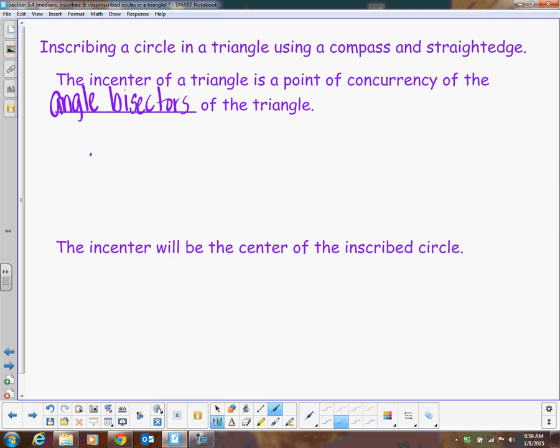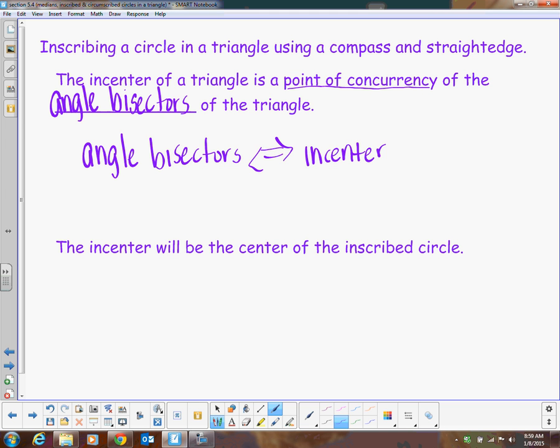So I need you to associate the word incenter with angle bisectors. And remember, we talked about point of concurrency yesterday. That's where many segments intersect at the exact same point. The incenter is going to be the center of our inscribed circle.